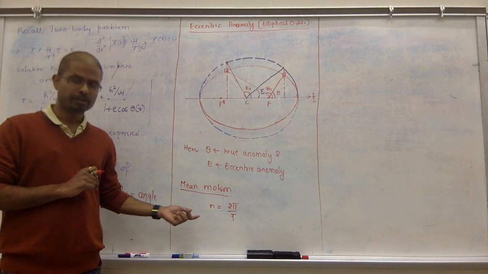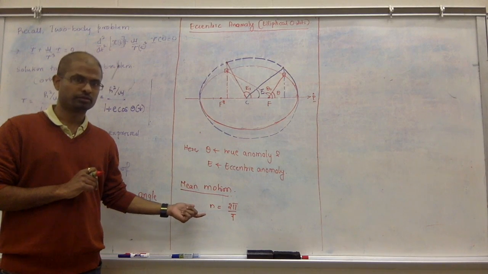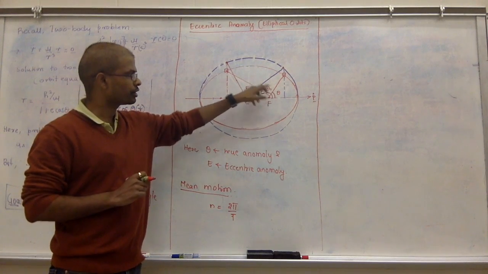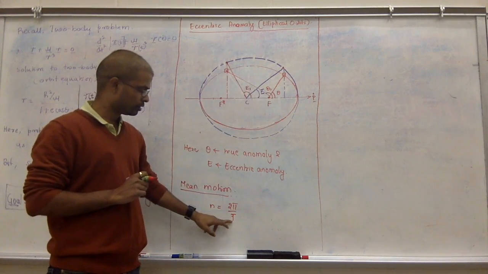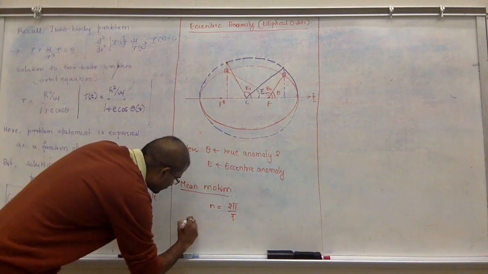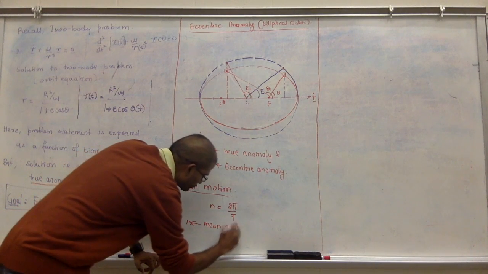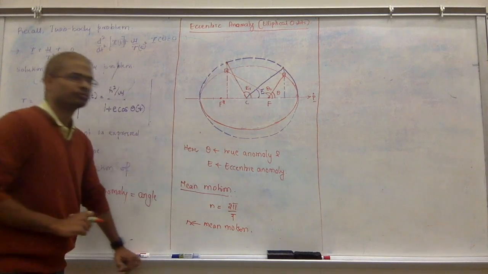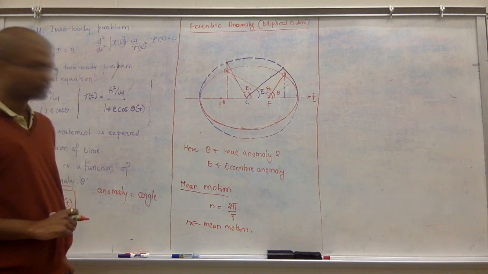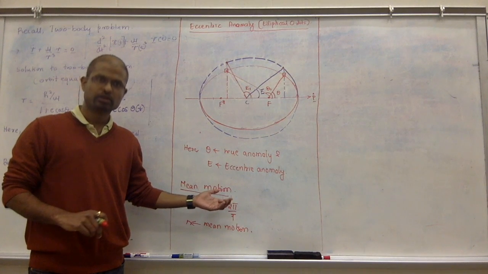It's nothing but angular velocity: you're covering 360 degrees in time period T. Here n is called mean motion. It's a very simple concept, but this is what makes orbital mechanics special.